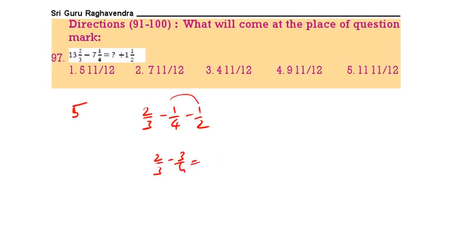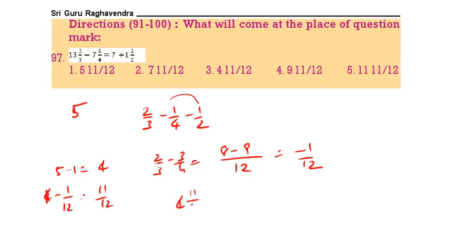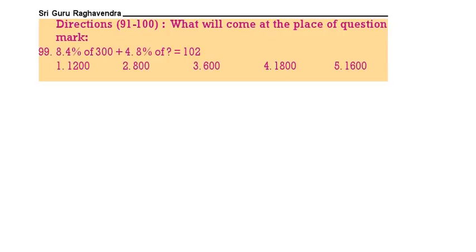So the LCM is 12. 8 minus 9, so minus 1 by 12. That means 5 minus 1 is 4. Sorry, 1 minus 1 by 12 is 11 by 12. The answer is 4 11 by 12. Next question.